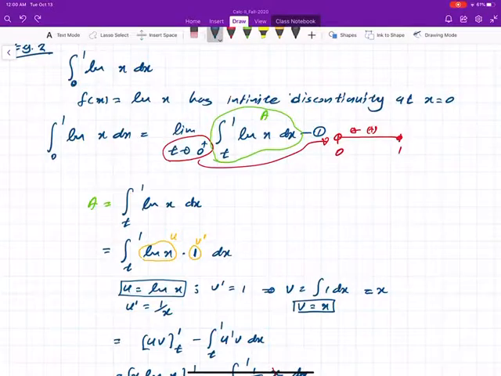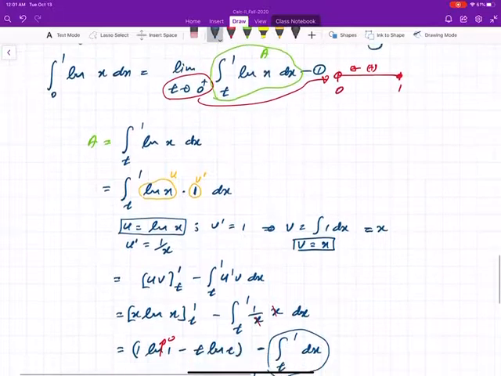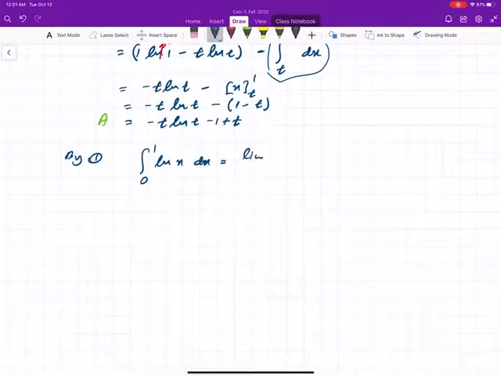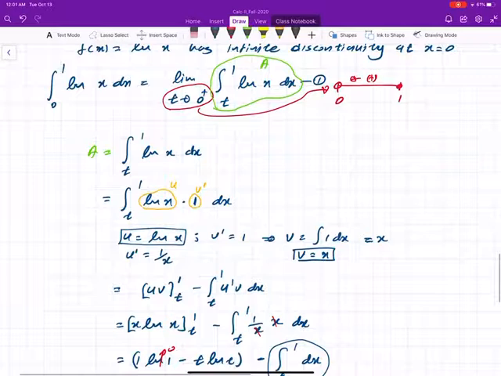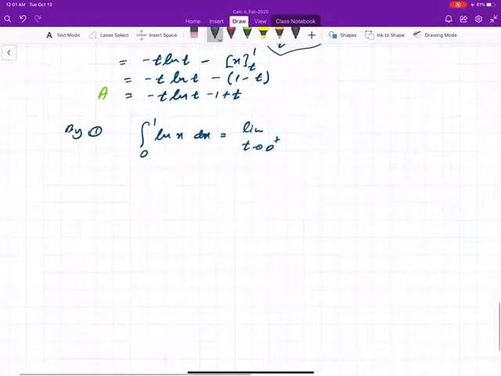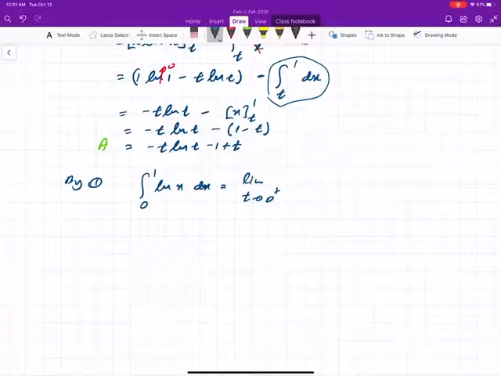By that equation you write integration from 0 to 1 of ln x dx equals the limit as t goes to 0 from the positive direction, and then you write the entire solution for the integral, which is minus t ln t minus 1 plus t.